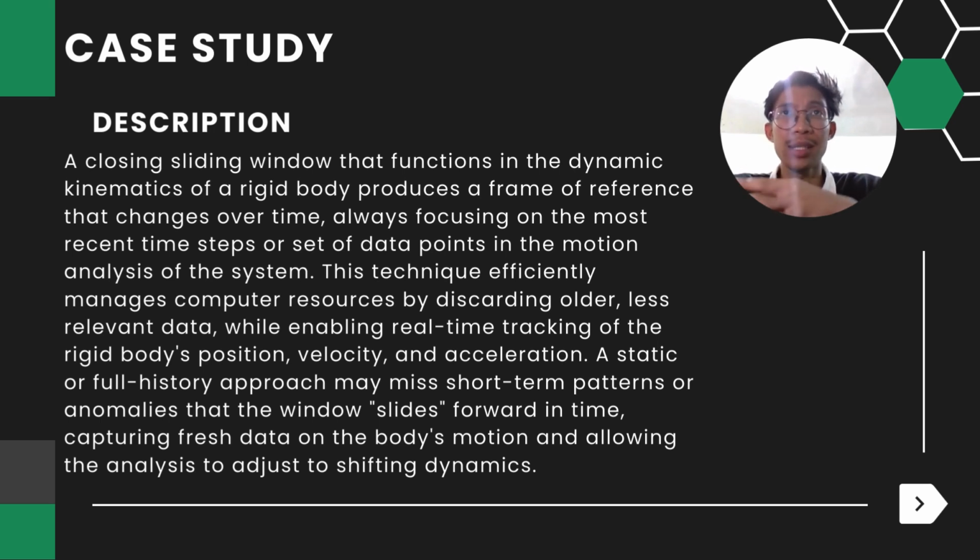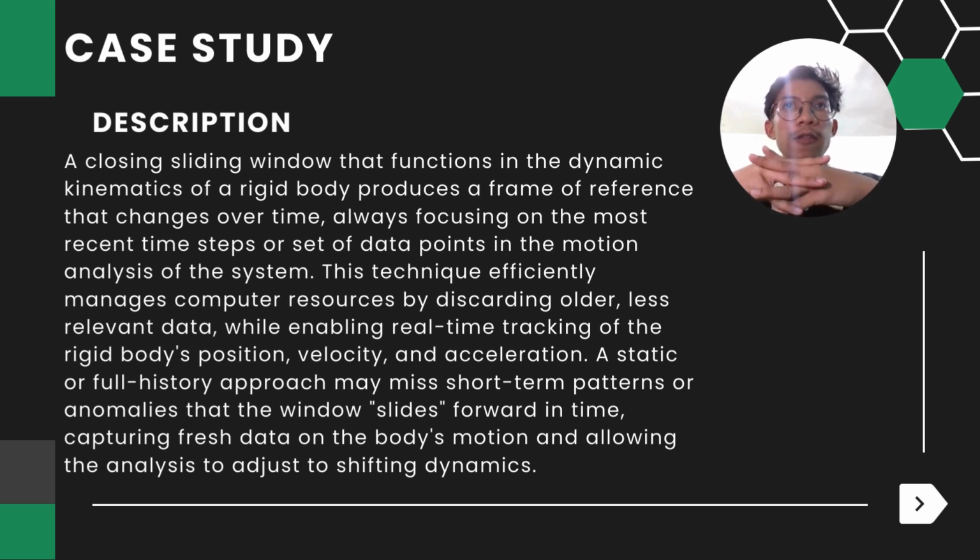For the description, a closing sliding window functions as the dynamic kinematics of a rigid body, producing a frame of reference that changes over time. The sliding window focuses on the most recent time steps or set of data points in the motion analysis of the system.